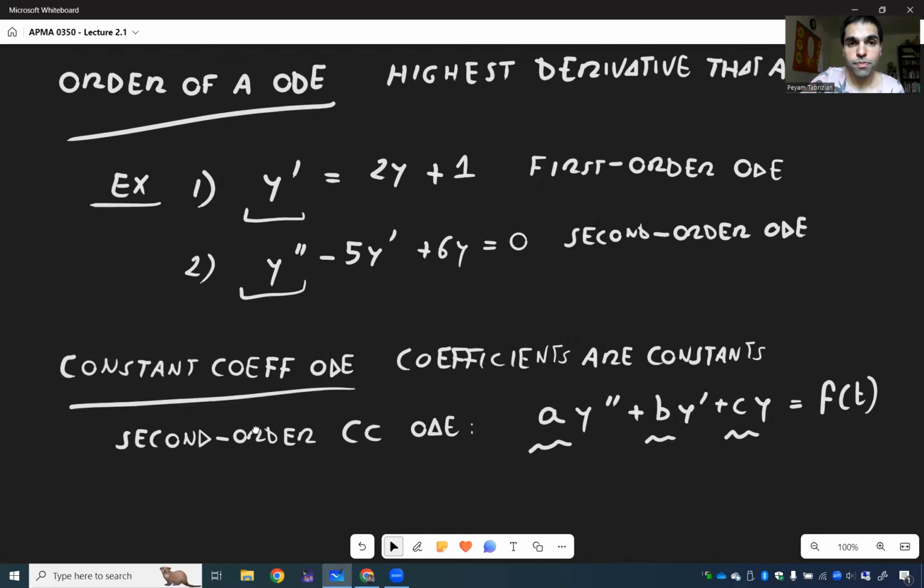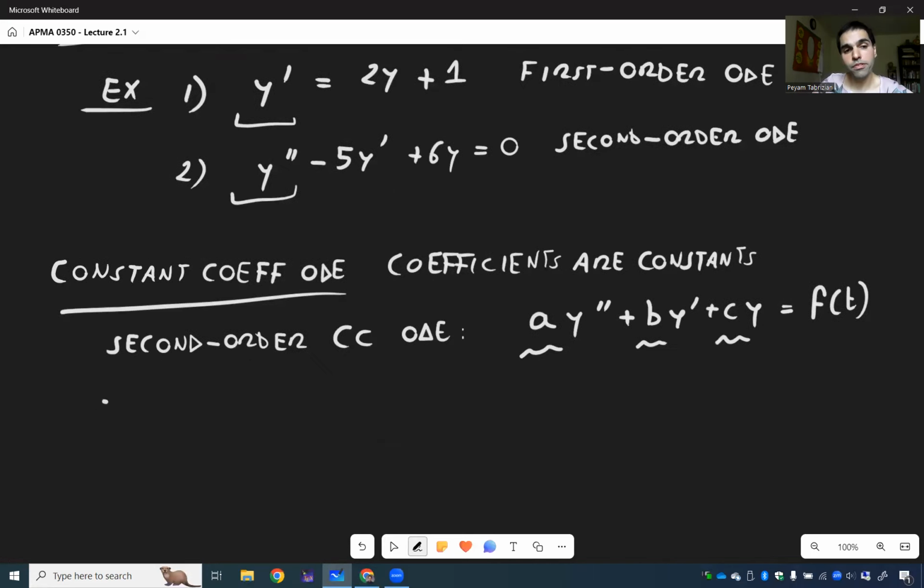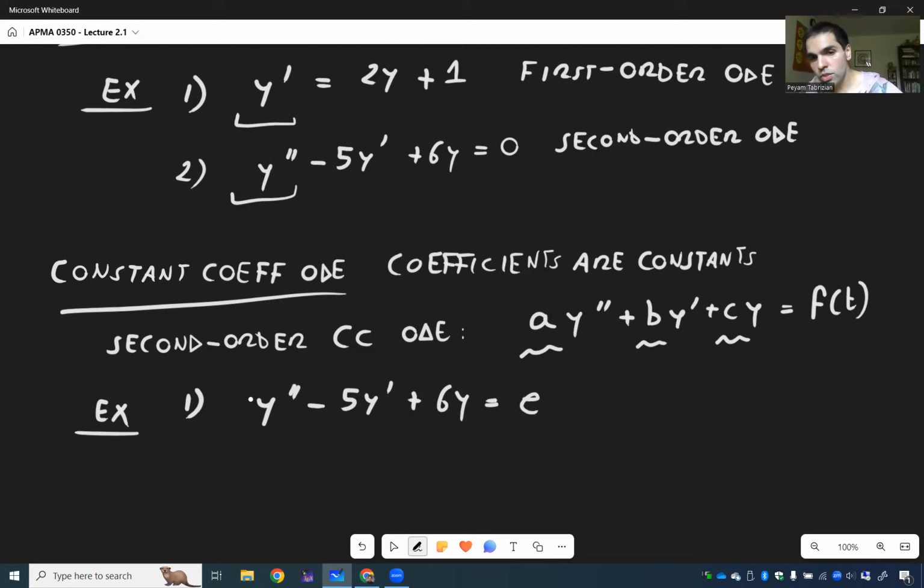So once again, here are a couple of examples. For instance, y double prime minus 5y prime plus 6y is e to the 2t. Once again, the coefficients in front of the derivatives, they're constants, so this is constant coefficient. Even though there's an e to the 2t on the right-hand side, that would still be okay.